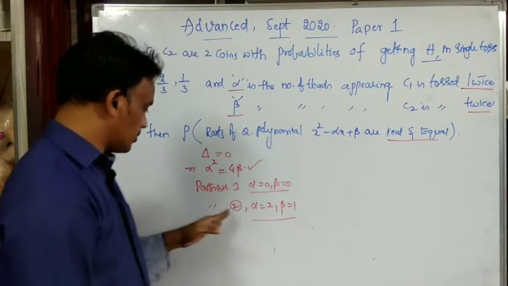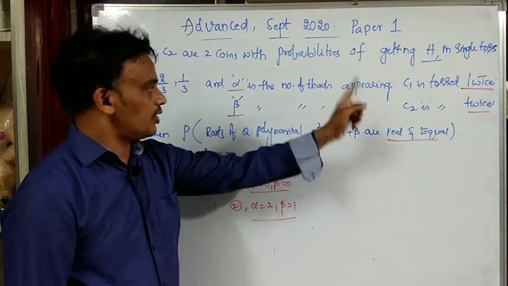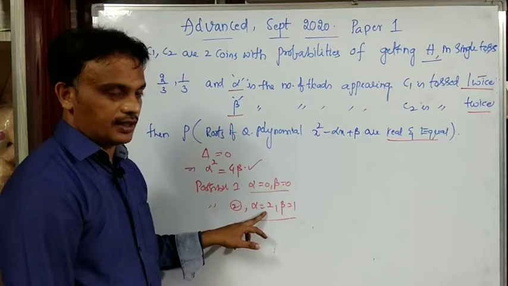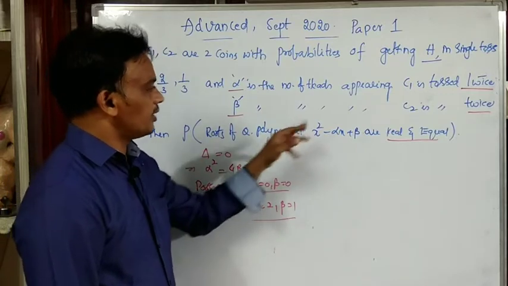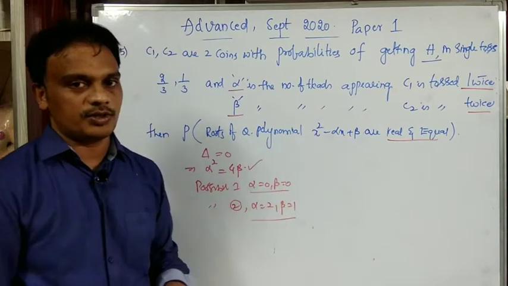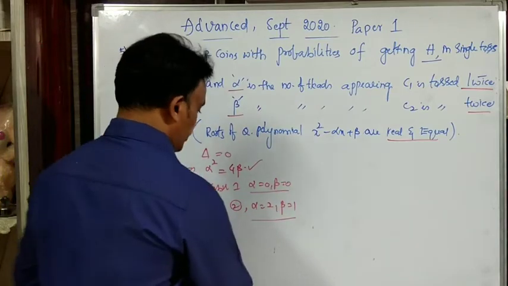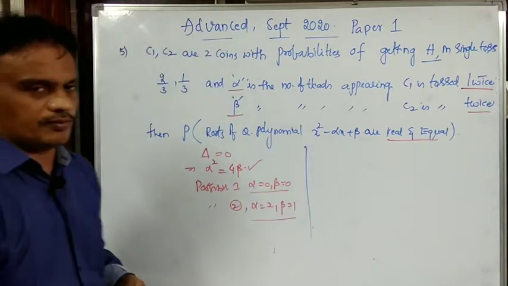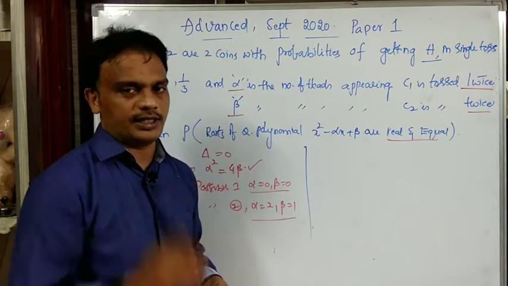And for the other possibility, the first coin is tossed twice and alpha is 2, so 2 heads appear, and at the same time the second coin is tossed twice and only one head appears. We take the total of the possibilities. This is a binomial distribution, with two outcomes, head or tail.